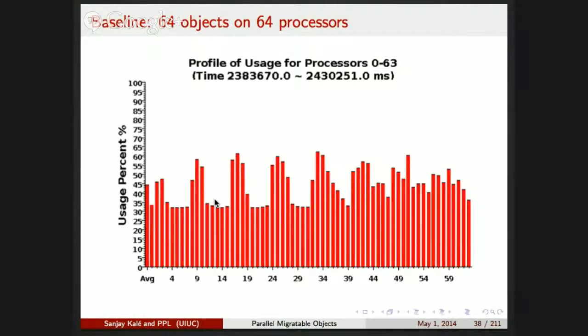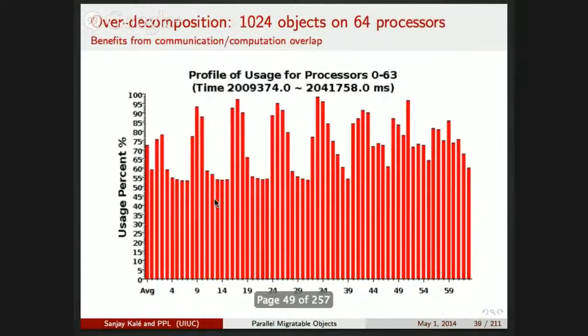This is pretty bad utilization. So here with over decomposition, what happens is that if you have over decomposed objects, when one object is waiting for communication to happen, the other object can overlap that part and then improve the performance overall. So that's what we see here.